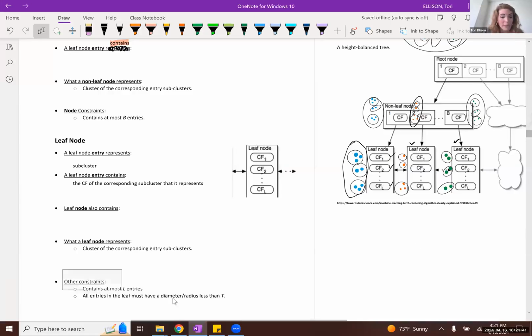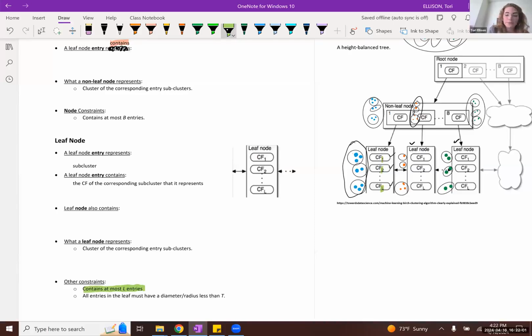And then some constraints, like we mentioned, that we place upon the leaf nodes in particular is that, again, your leaf node is only allowed to contain at most L entries.